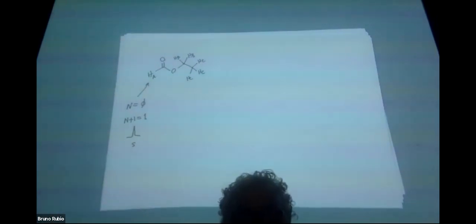So how'd that go? Let's try this for the HB, right? What is N for the HB? How many non-equivalent neighbors, 2 bonds or 3 bonds away? What is N for the HB?